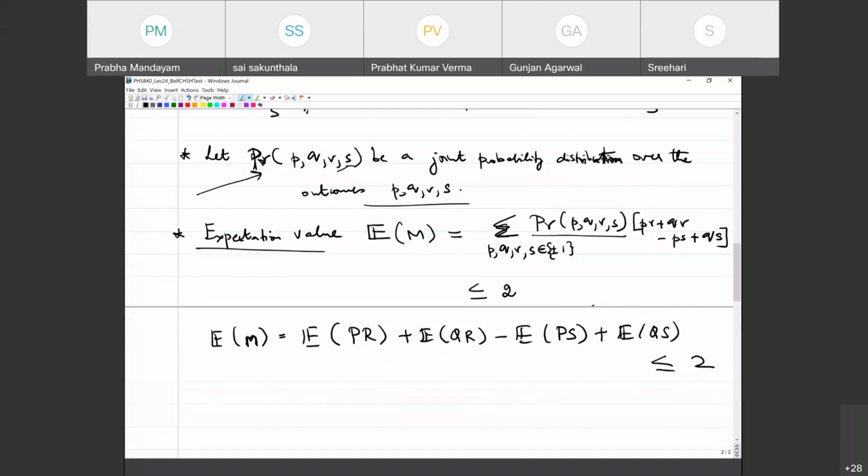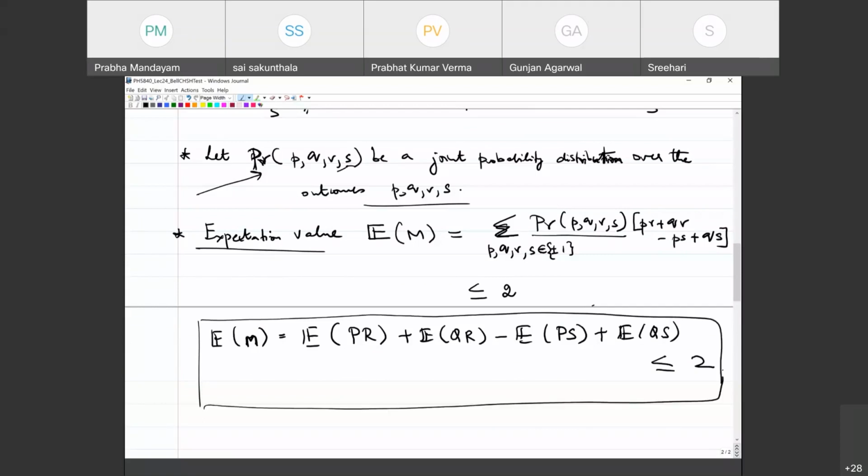What should be the lower bound? Minus 2, indeed. Good. But we'll concern ourselves only with the upper bound for now. Sometimes people like to put a modulus and say that it is less than or equal to 2, which is also fine. But basically, this expectation lies between plus 2 and minus 2, right?